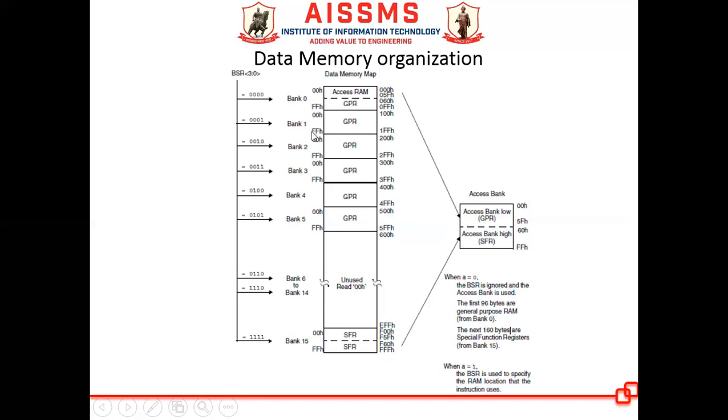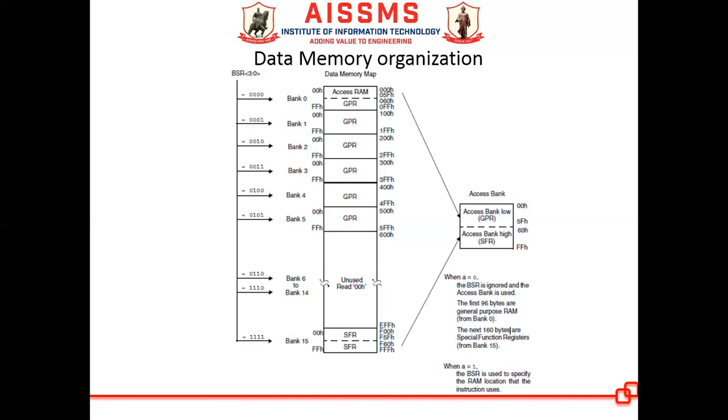In a direct addressing mode, the controller uses 8 bits of address. So if it has to access any register in the data memory, which is called a file register, it will work with an 8-bit address, and the most significant 4 bits will be taken from a register called the bank select register if you're working with one of the register banks.